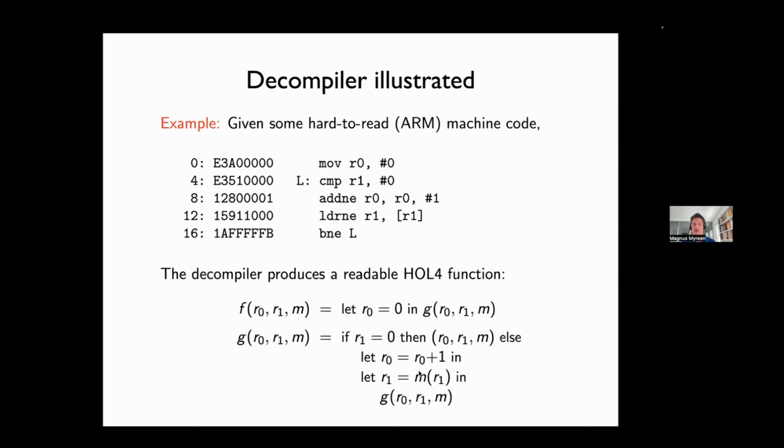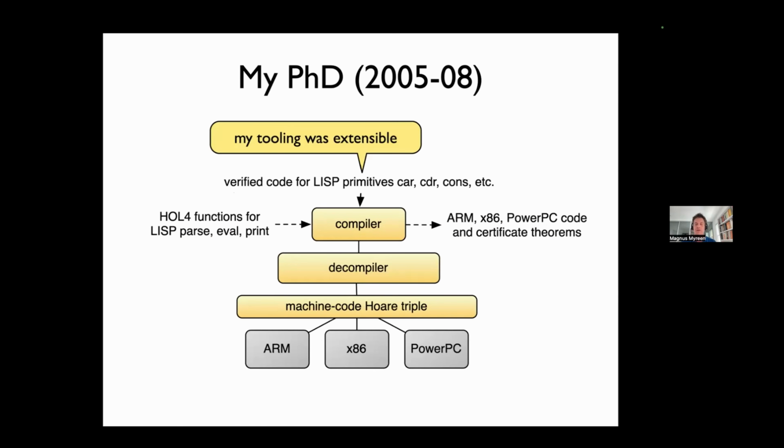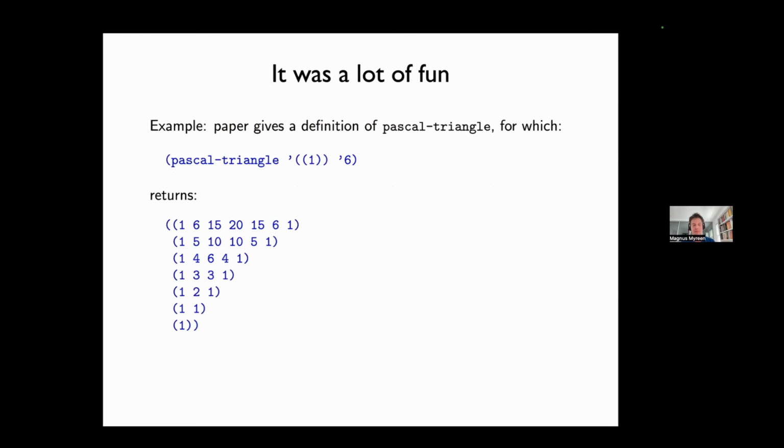So I can do car and cdr and cons and all that Lisp stuff. So then I had a compiler for Lisp. And that was sort of the end of my thesis.